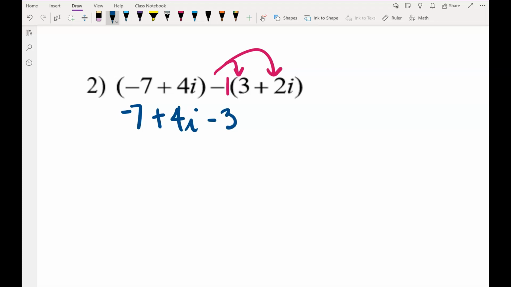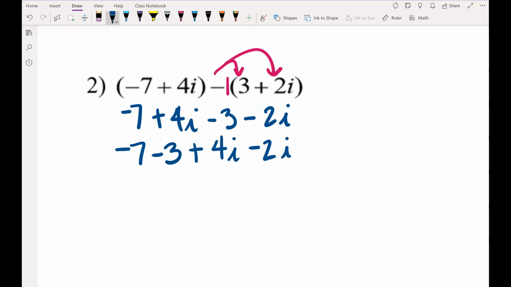Negative 1 times positive 2i is a negative 2i. Write all of the non-i's together and all of the i's together. Okay, put all like terms together. Negative 3 and negative 7 would give us negative 10. 4i take away 2i would give us 2i, and box it up.